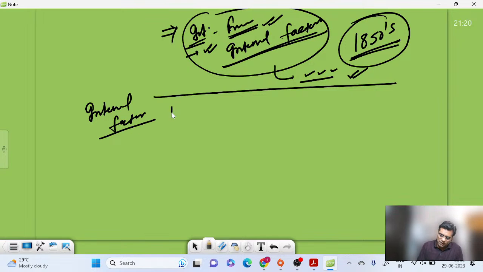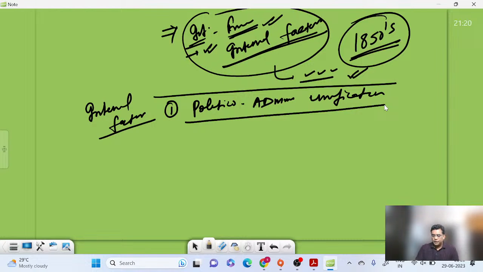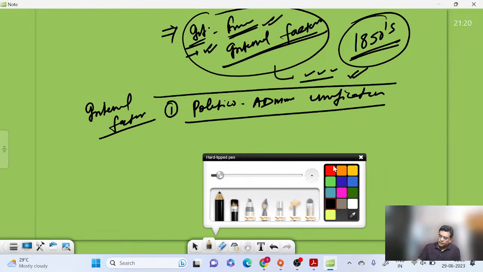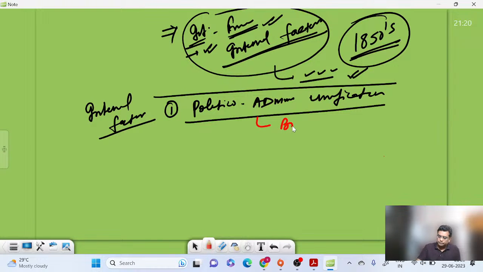Among the many factors, there is the politico-administrative unification of British rule. You understand the meaning: in the entire India there was uniform revenue administration, uniform judicial administration, uniform general administration, CrPC and other revenues.